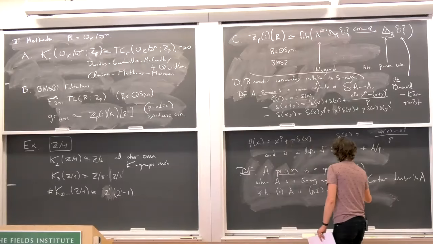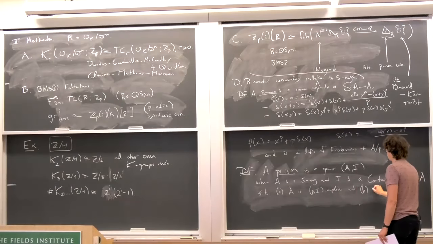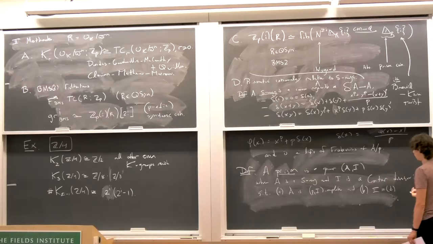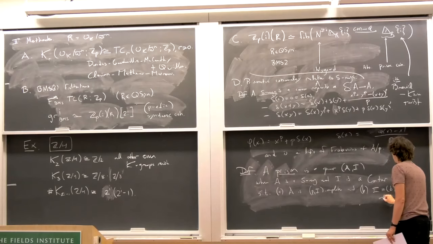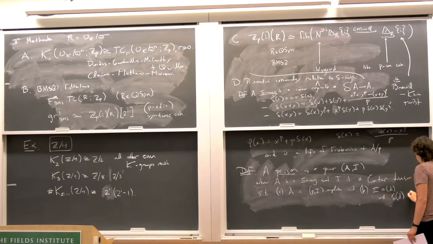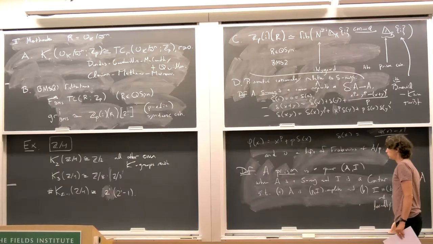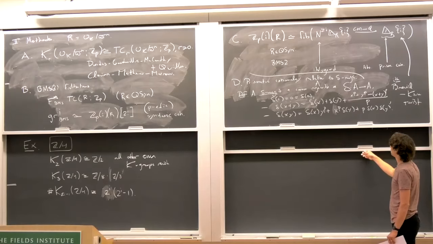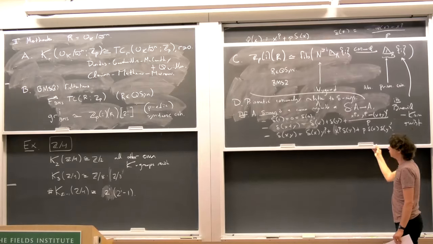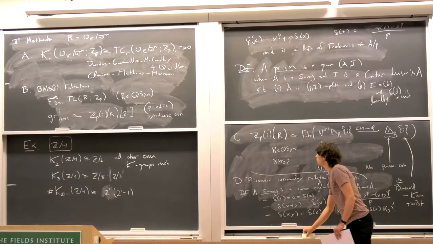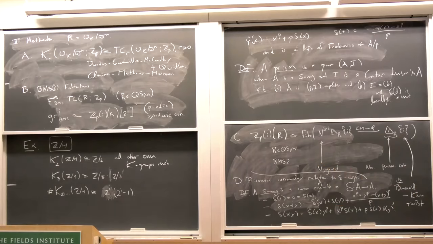And second, I is a Cartier divisor, so locally it's generated by a single non-zero divisor d, and delta d is a unit. So this is true locally. This is a purely algebraic notion.